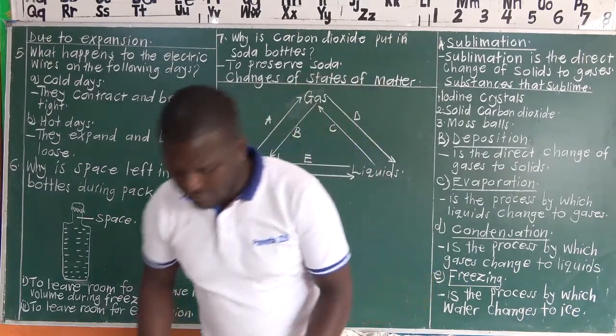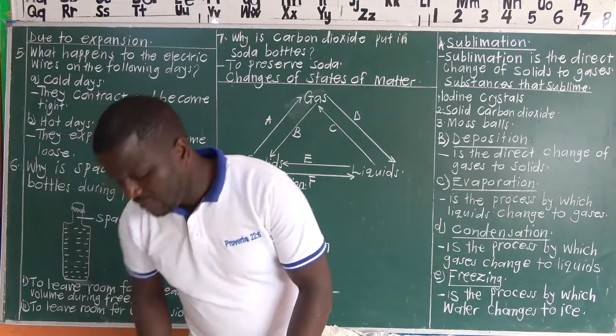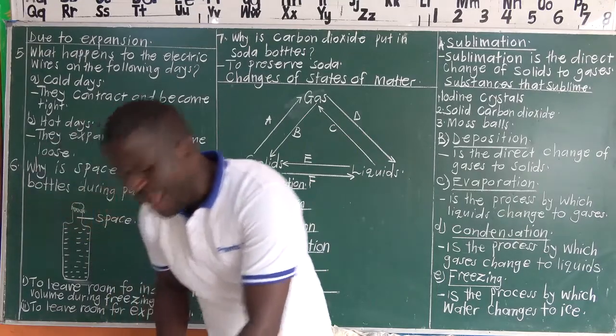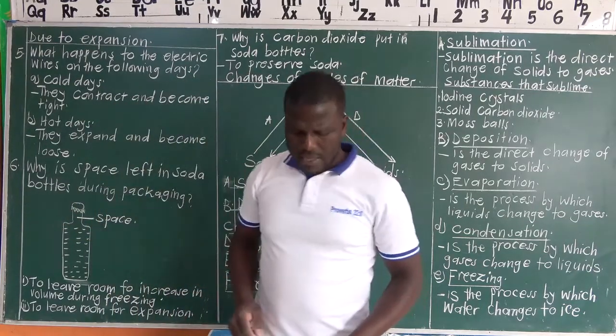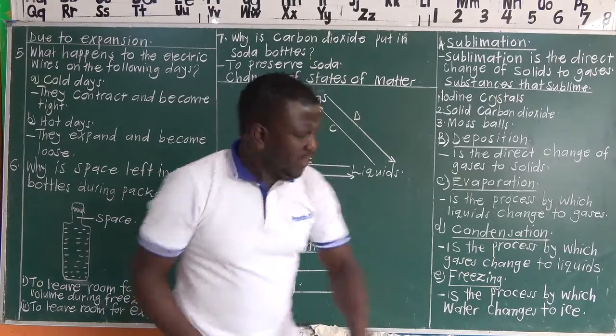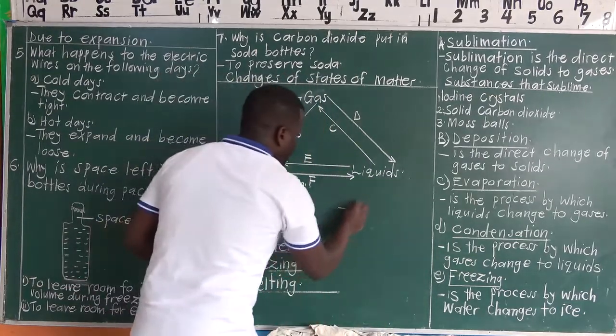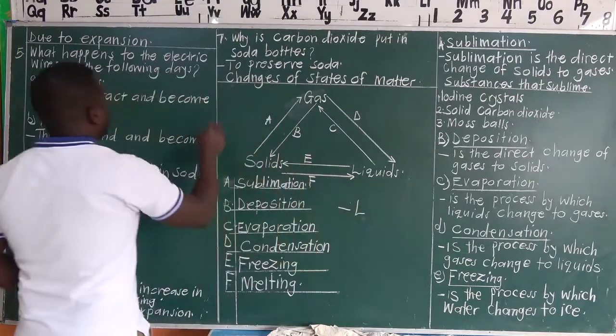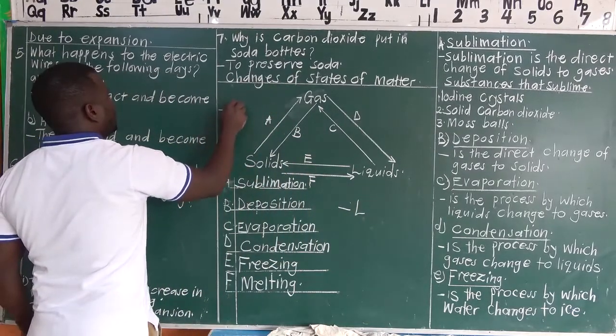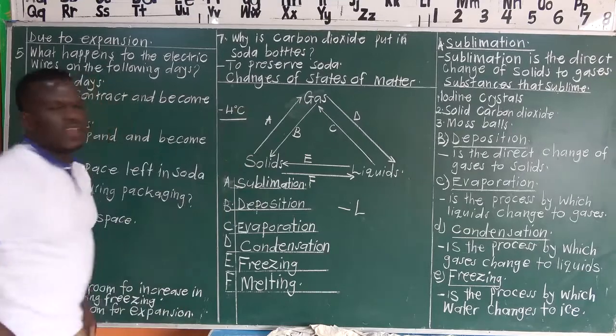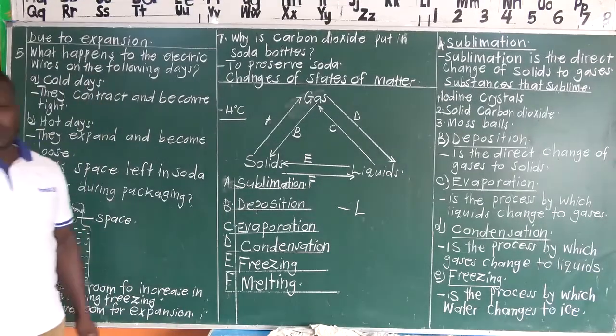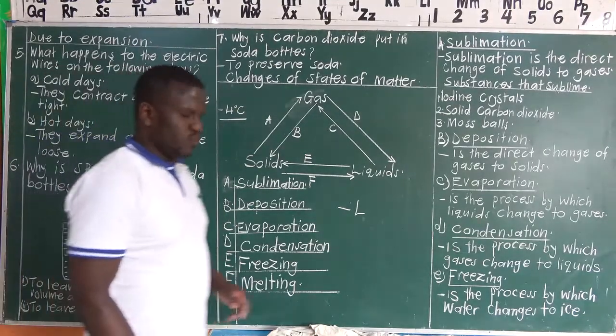Now, what you need to know is that when liquids are under very, very low temperature, when liquids reach 4 degrees Celsius, they expand. It is funny, but it is true.